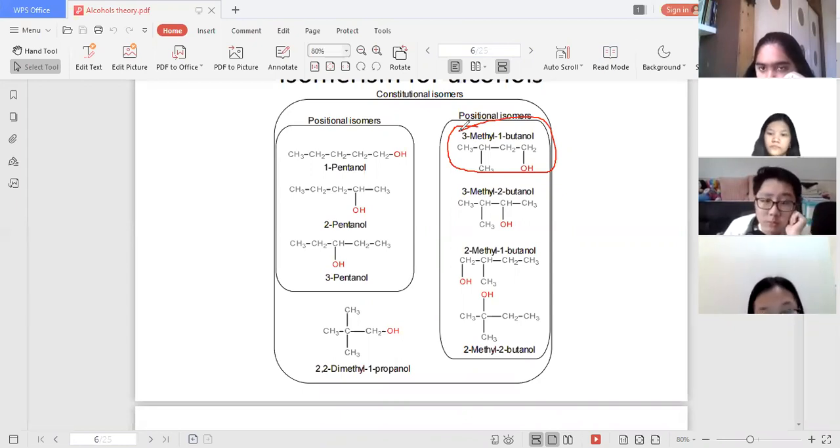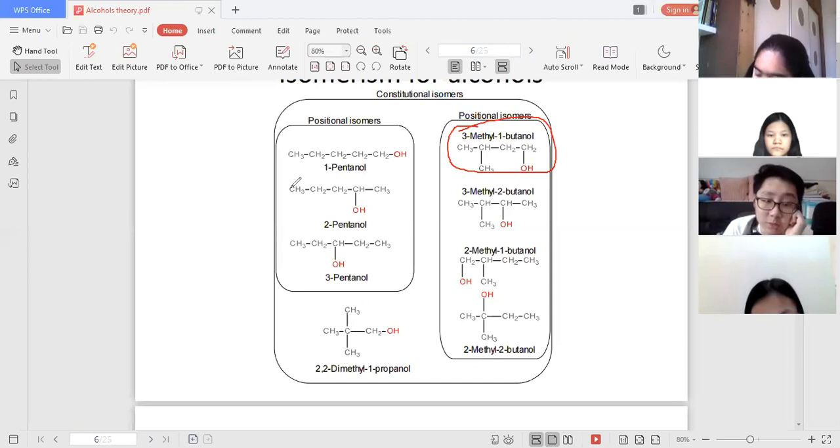Is there any optical isomer for trimethyl butan-1-ol? Are you sure, Lawrence? In trimethyl butan-1-ol, this one does not have optical isomerism. Okay, it does not have.